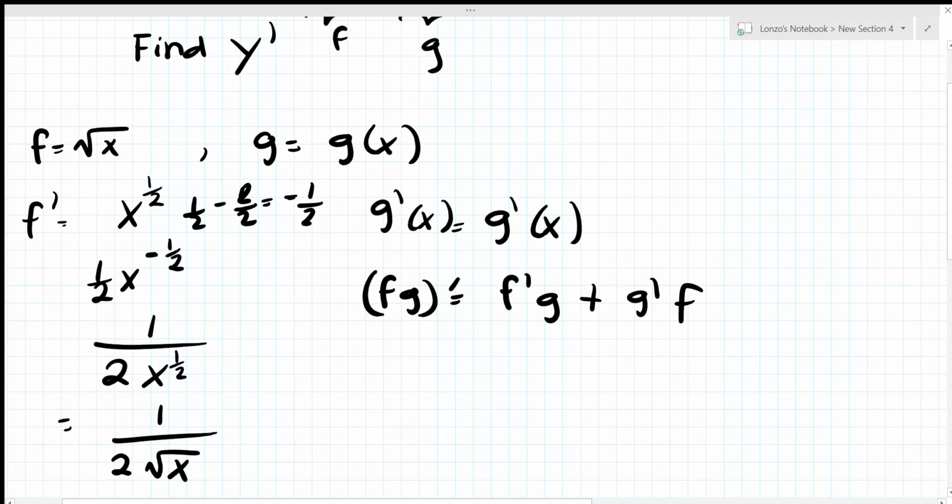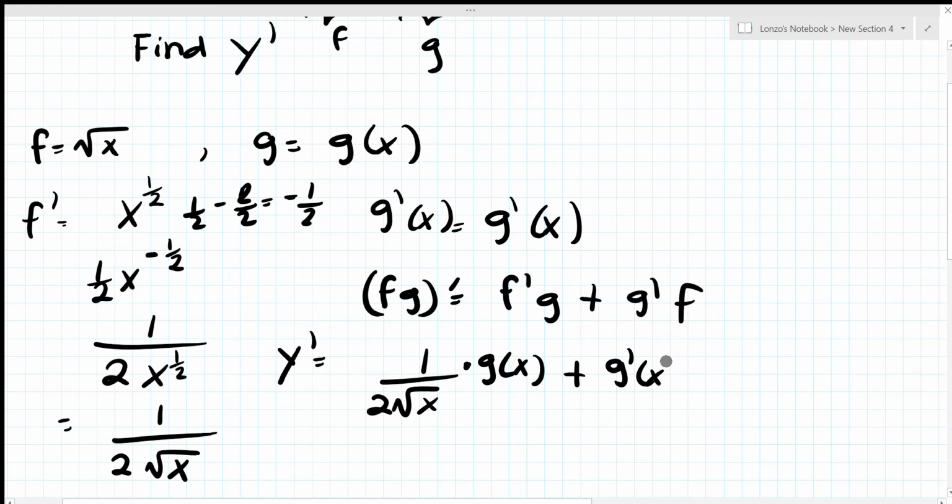So let's put it in. y prime is f prime, which is 1 over 2 square root of x, times g, which is g of x, plus g prime, which is just g prime of x, times f, which is square root of x.